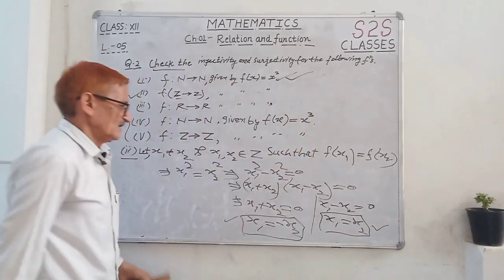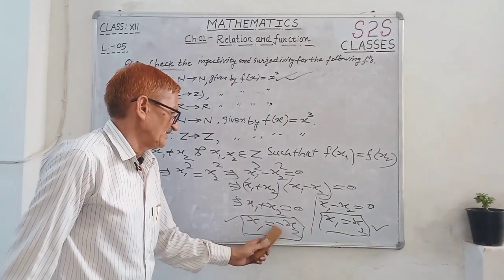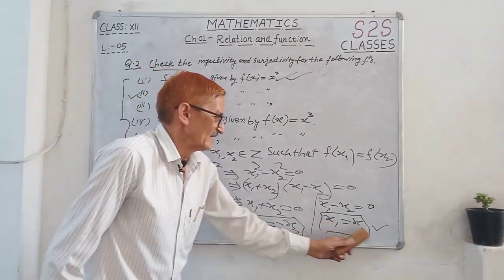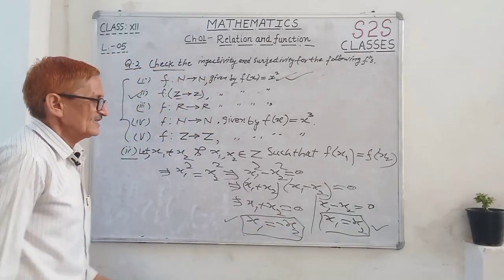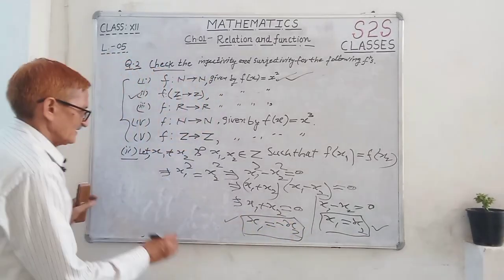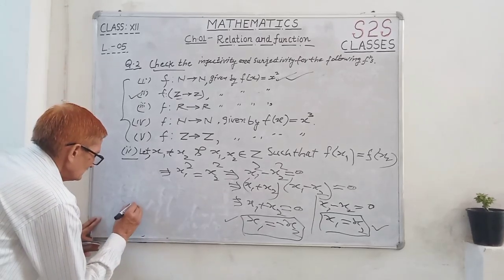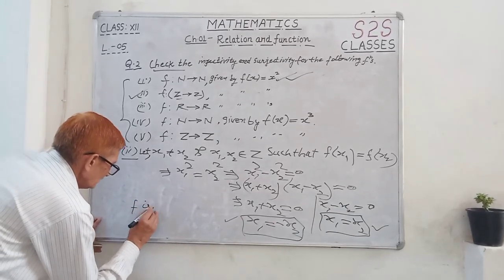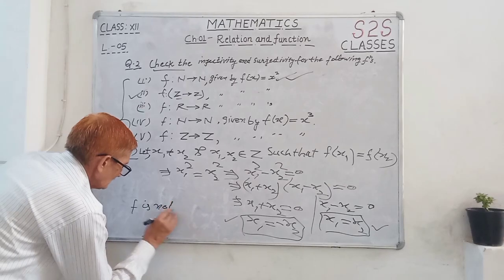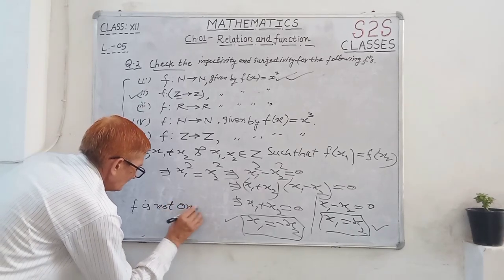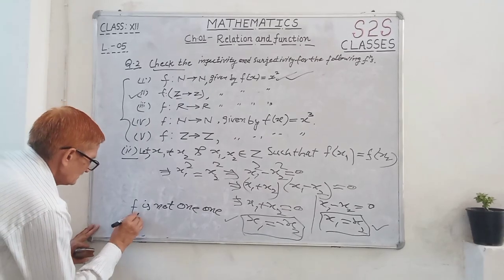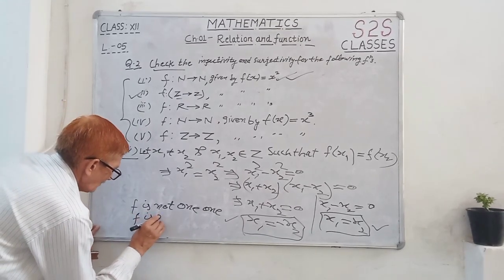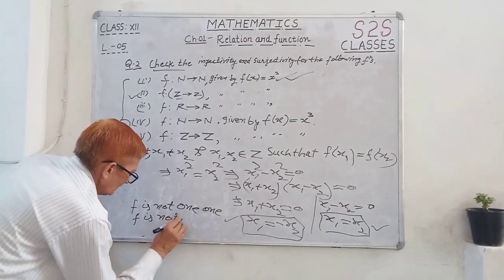So x1 is equal to minus x2 is also possible. So it means it is not 1-1. So f is not injective.